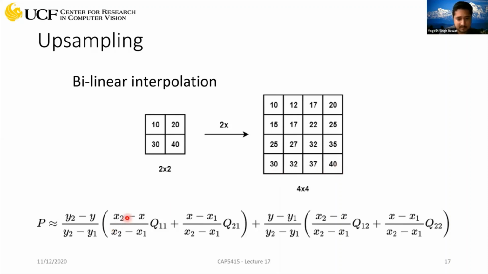So this becomes 3/4, and Q11 is 30. So 3/4 and then 30 times. You can maybe take a pen, and I'm just doing it in my mind. So 3/4 and then 30, and the other one will be, this is distance 1, okay? So X minus X1, and again this is 4. So 1/4 and then 40.